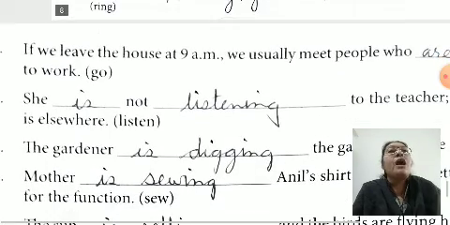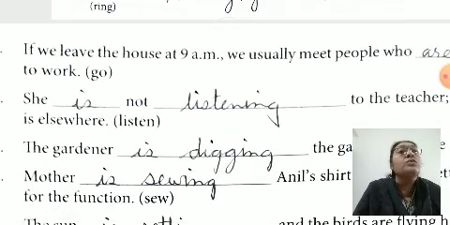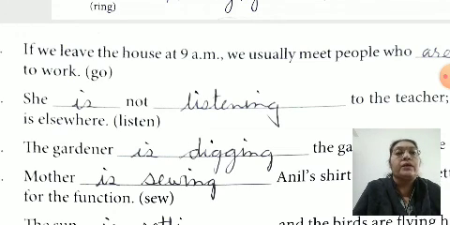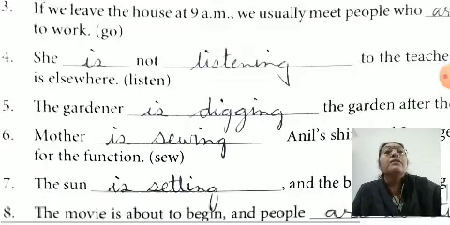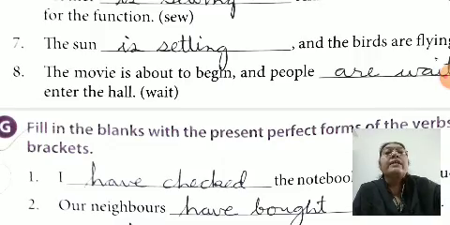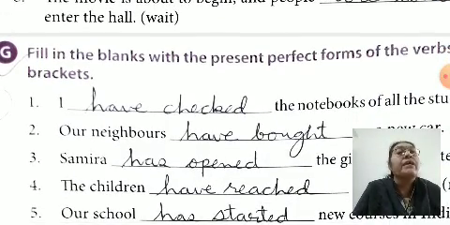If we leave the house at 9 am, we usually meet people who are going to work. People, so we use are. She is not listening. The gardener is digging. Mother is sewing. The sun is setting. People are waiting.